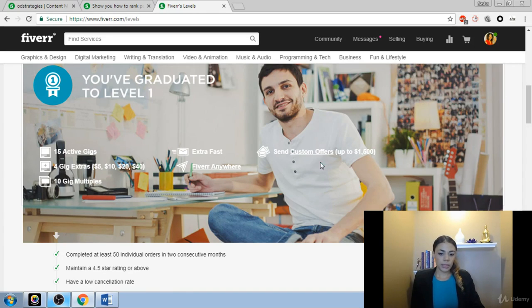You get to send custom offers when you're a level 1 up to $1,500, which is really cool. Here's where the value ladder comes in, right? You guys see, here's your front end package, your $5, $10, $20 services up to $40. That's almost a mid funnel level price point.